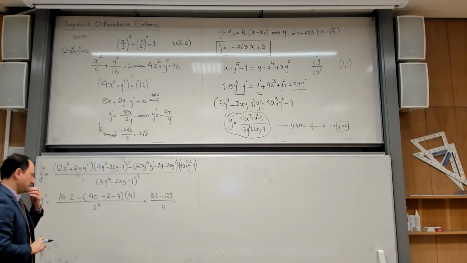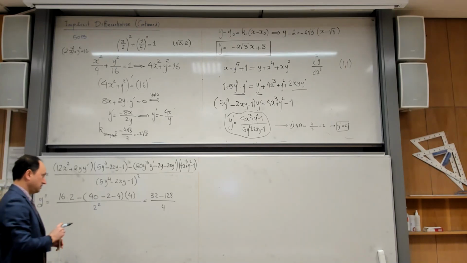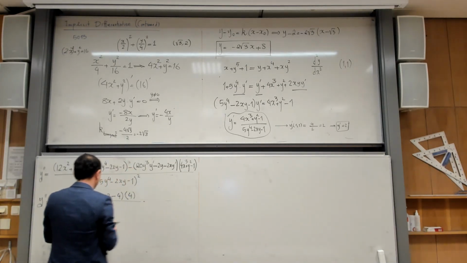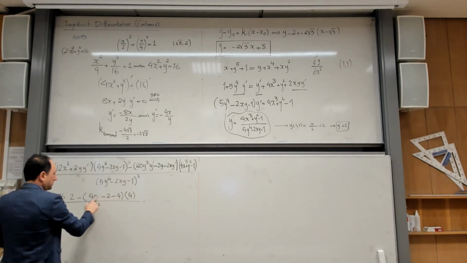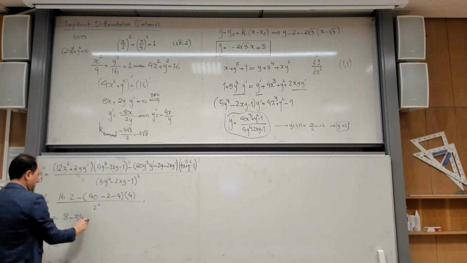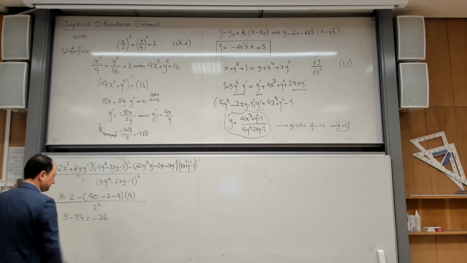Yes. 136. Yeah. By the way, I didn't need to do these things, yes? Because I can divide everything by 4, then 16 over 4 is 4 times 2 is 8, and this 4 and that 4 are gone. 40, 38, 34. So it should be minus 26.